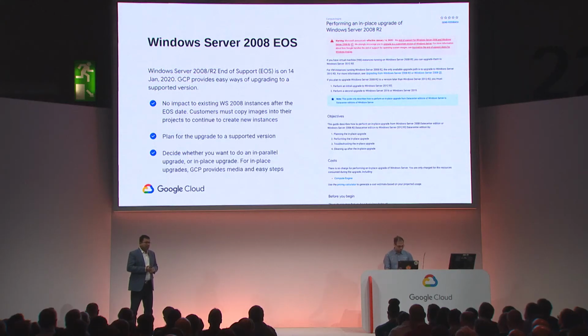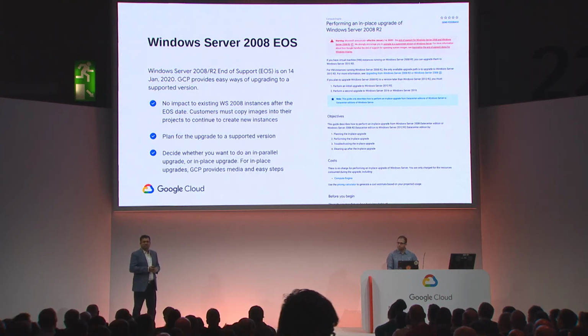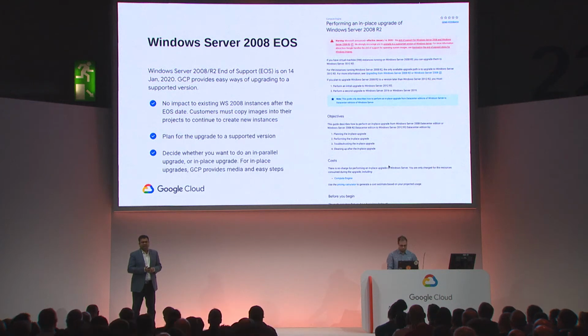No discussion about Windows is complete without the upcoming end of life of Windows Server 2008. At Google, we have done a number of things to make it easier for our customers to navigate this event. For example, if you have Windows 2008 images running on GCP, we provide multiple options of doing in-place upgrades.